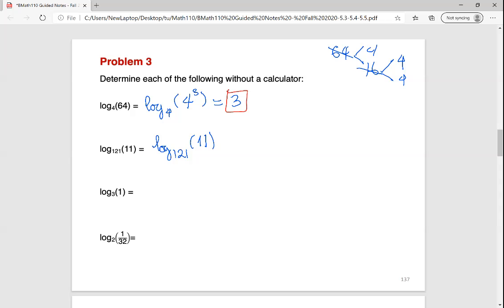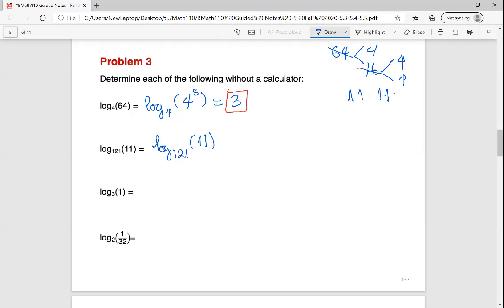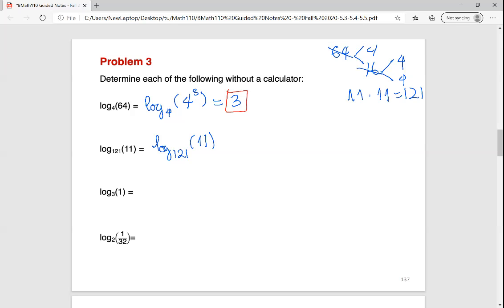How can you make base 121 become base 11? That's not easy. I know that 11 times 11 will be 121, but how can you get from 11 to 121?